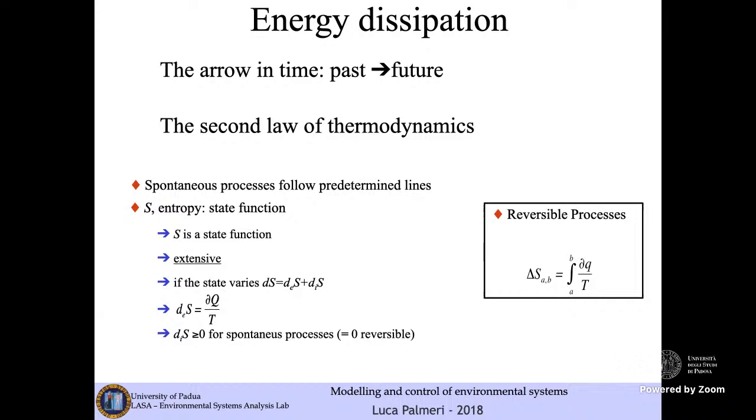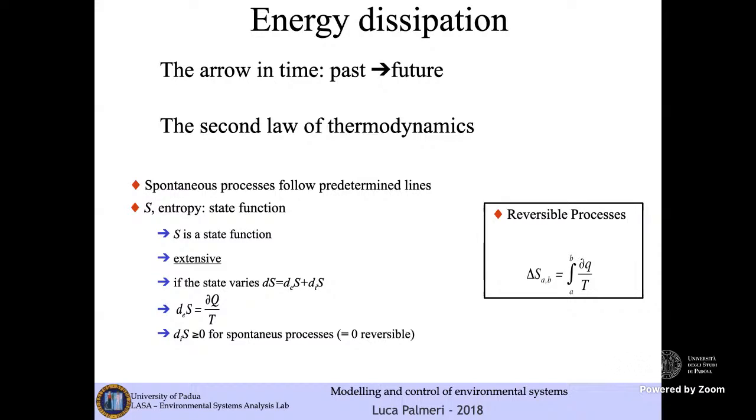Dissipation means that, for example, solar energy is converted to thermal energy, and during this process of conversion, I have some new biomass or biological matter energy produced. And this sometimes is described by the second law of thermodynamics that establishes that there is the so-called arrow in time that allows us to distinguish between past and future.